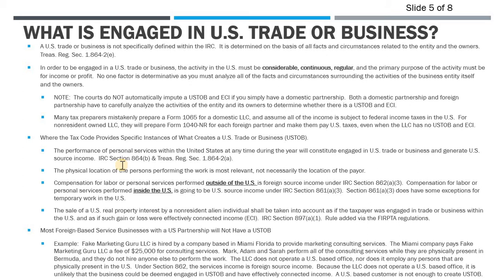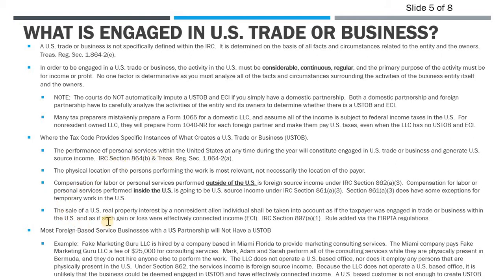So in other words, if we look at our Bermuda example, if our Bermudian partners are in Bermuda, living and working there, and the client is in the United States, the performance of personal services is in Bermuda, right? They're not flying to the U.S. to do the work. So even though the payment might be coming from a U.S. customer, it's still going to be foreign source if the individuals performing the work are in a foreign country, right? So, okay, that covers the personal services in the U.S.